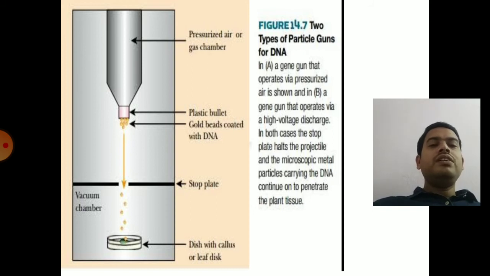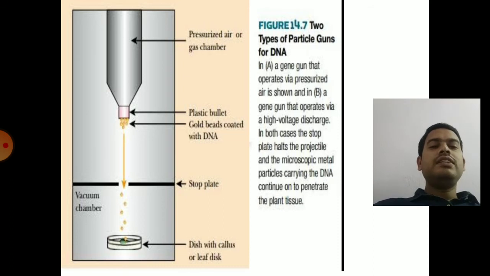After loading the biolistic gene gun with your gold particles containing the transgene, you can use either pressure or high electricity to bombard these particles into your target or host cells.